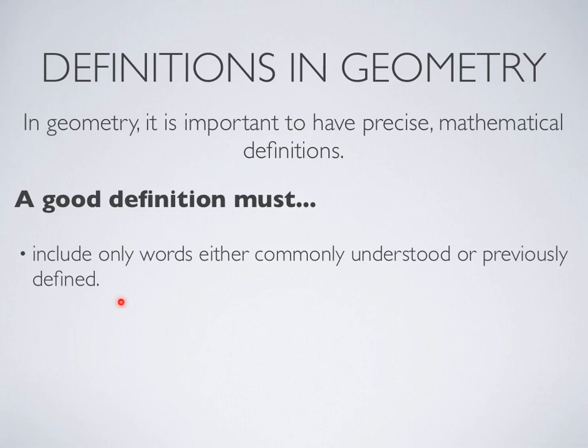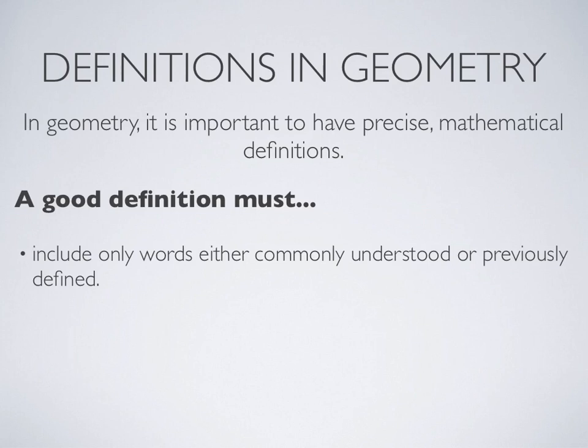So that means words that maybe you wouldn't know just coming in off the streets, but we've already talked about together in class. So if I tried to explain to you what a bisector was by talking about lines of symmetry, well, you might know what a line of symmetry is, but you might not, and I haven't taught it to you yet, so I'm not allowed to use that word in my definition.